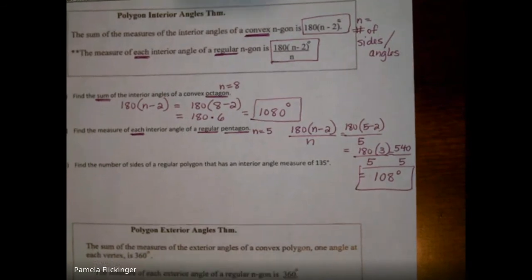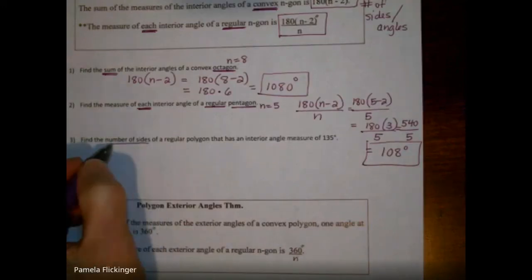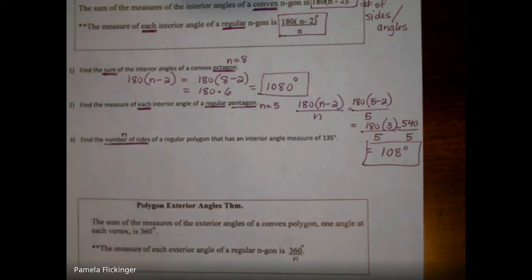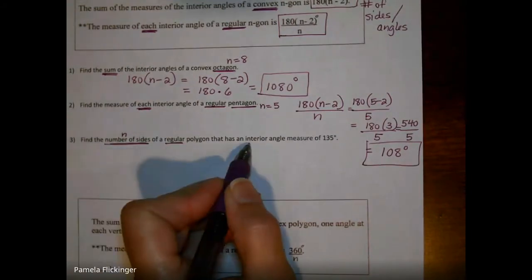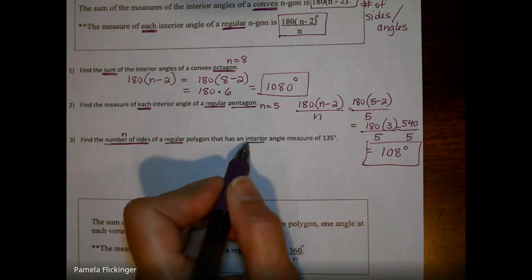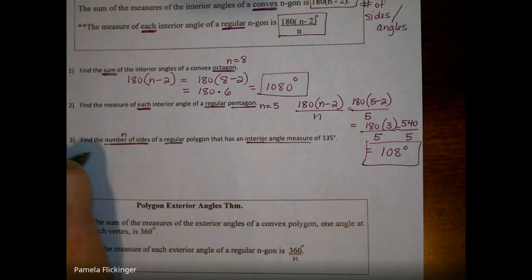The last problem in this set wants us to find the number of sides of a regular polygon that has an interior angle measure of 135. So it wants us to find the number of sides. That's n. So this time they're asking us to solve for n. We know it's a regular polygon, and what we have is not the sum, but the interior angle measure. So the formula that allowed us to find that was this formula.